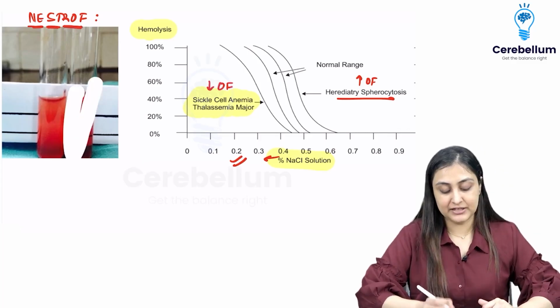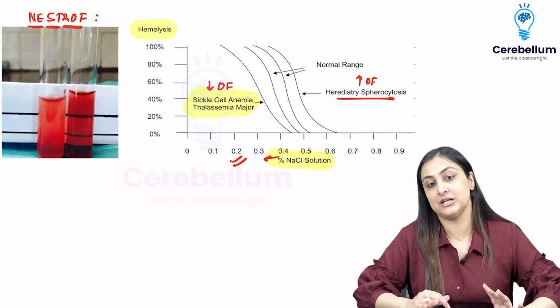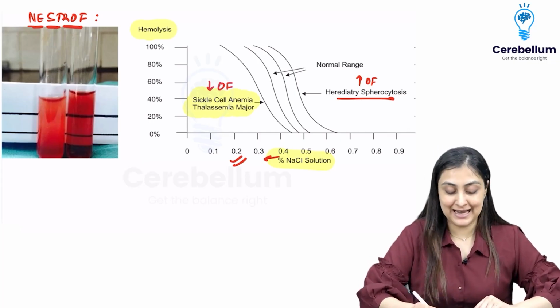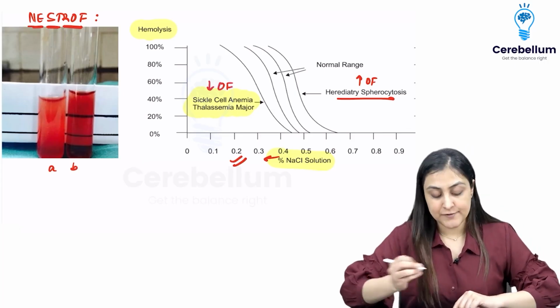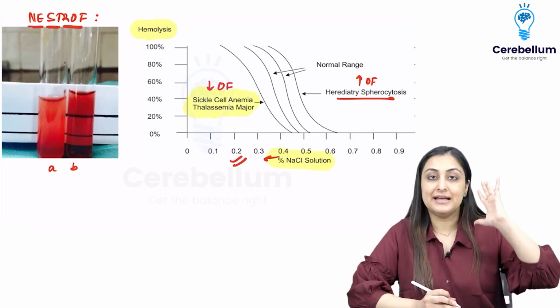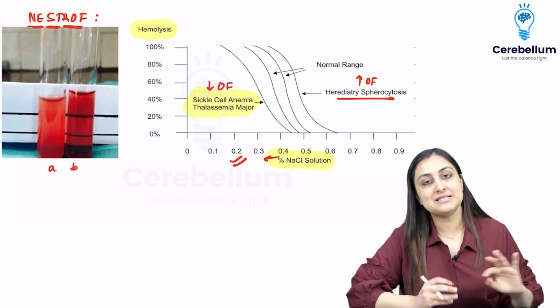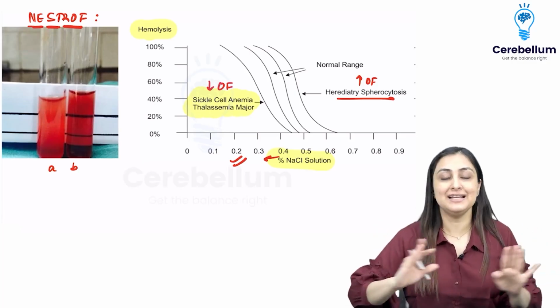What I've done is I've taken two test tubes, one is normal, one is patient, and I've added hypotonic saline. Now, based on this, they'll ask you tell me which is normal. They'll mark it A and B and they'll ask you tell me which is normal. A is normal or A is thalassemia. So, here what it means is, when I take hypotonic solution of around 0.3%, normal cells are gonna die. They do not have decreased osmotic fragility, so they're gonna die and they're gonna lyse.